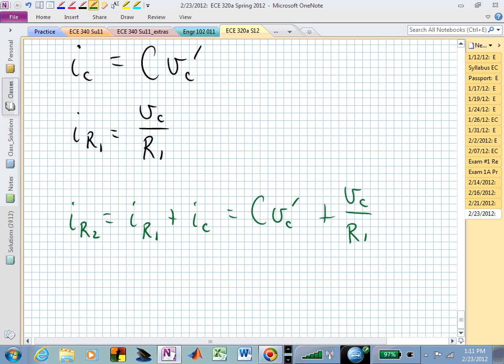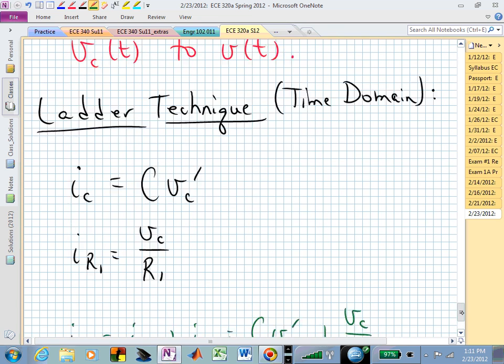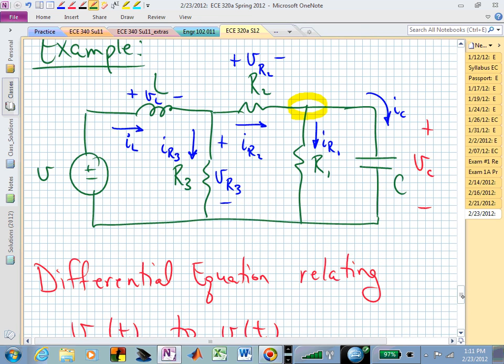So far, any variable that I've made my way across from right up to where I'm at, I've expressed in terms of that capacitor voltage or combinations of the capacitor voltage and its derivatives. Questions on that? I sort of interchanged the I sub C and the I sub R1, but hopefully you see that that's still okay. Now that I have I sub R sub 2, I can find the voltage drop across R sub 2.